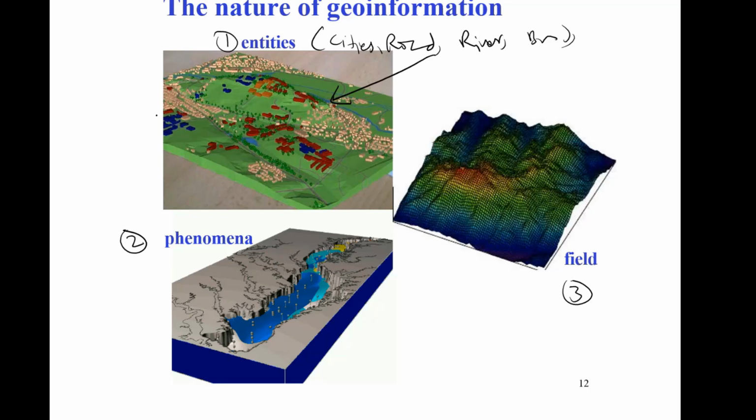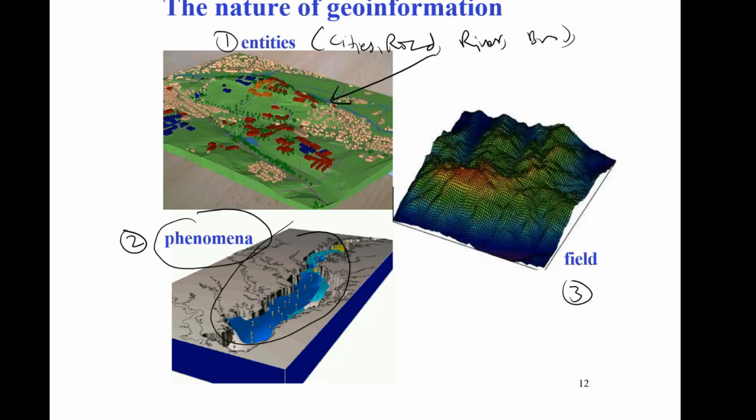Then we have phenomena. Phenomena is basically a set of instructions which predict the future, what happens or could happen, such as erosion, urban growth, fire, or floods. This is the phenomena, which we also need to consider.